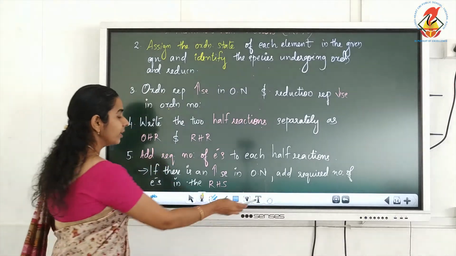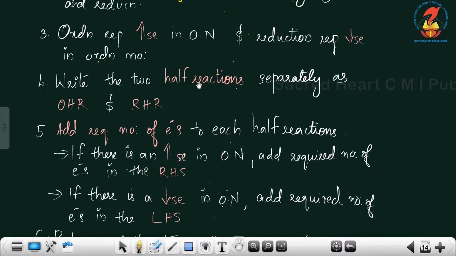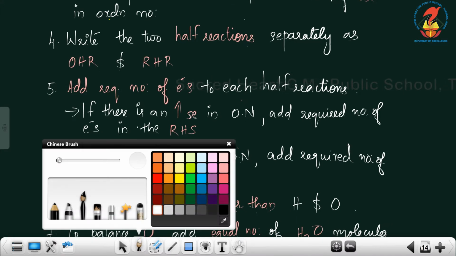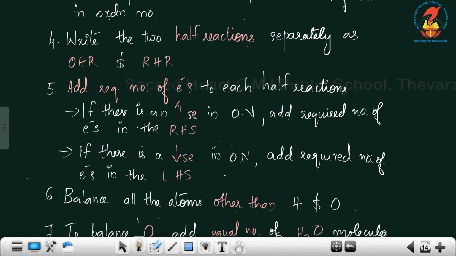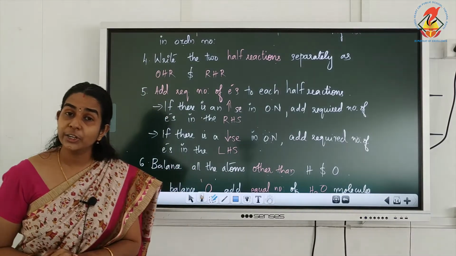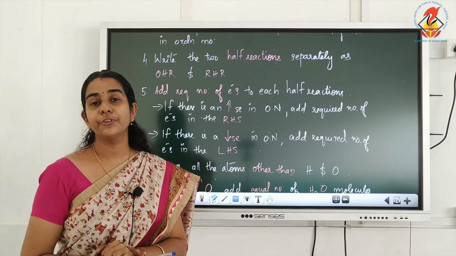After separating the two half reactions, the next step is to look at the increase and decrease in the oxidation number and add the required number of electrons to each half reaction. So the next step is addition of electrons to each half reaction.